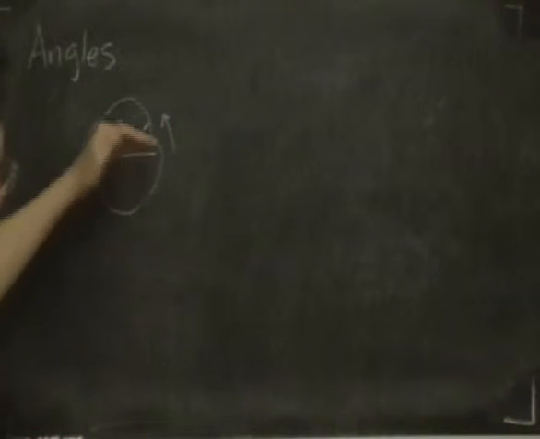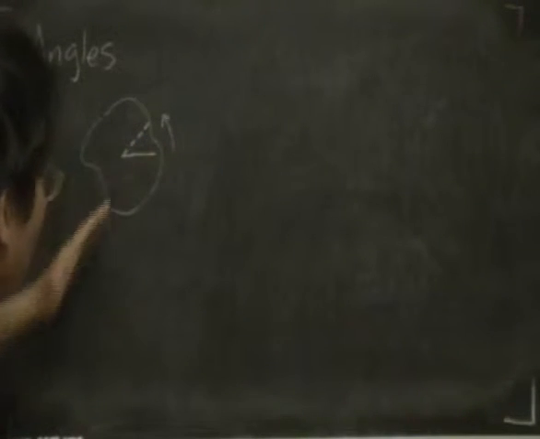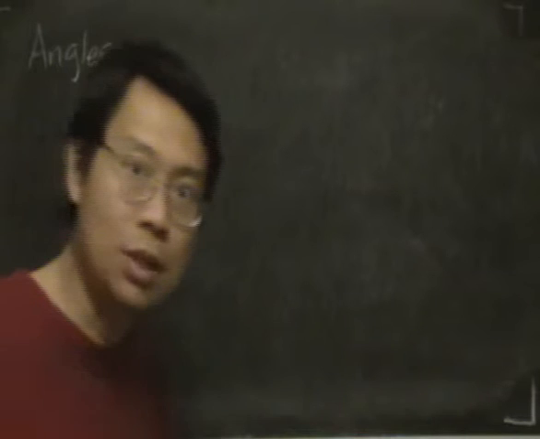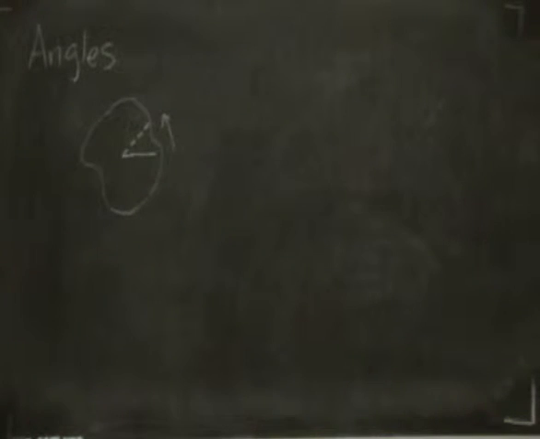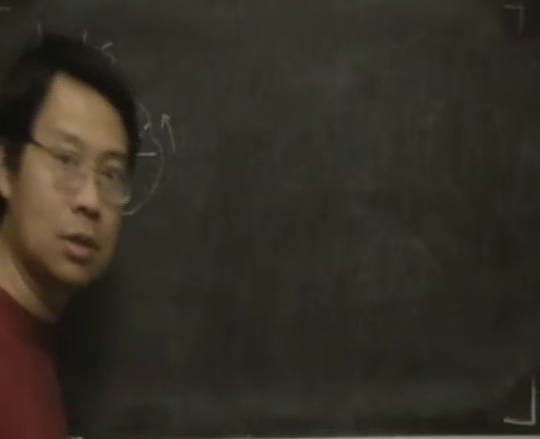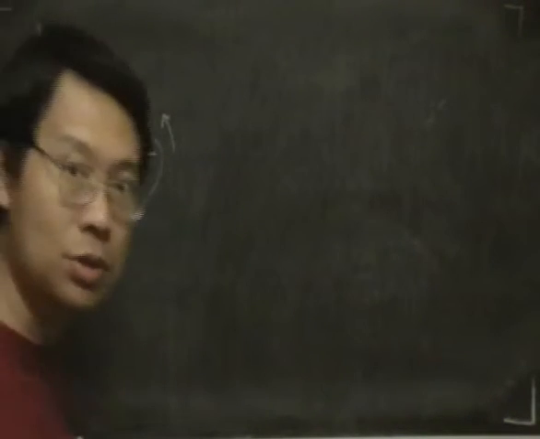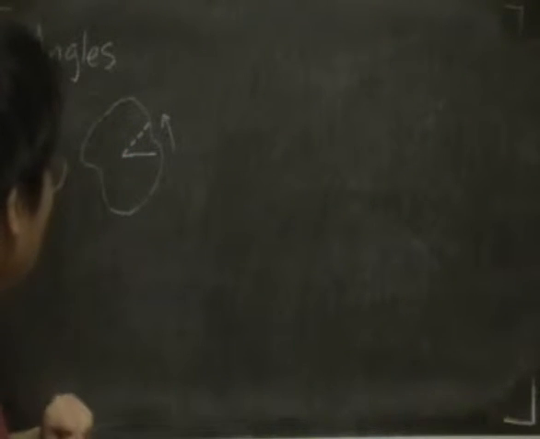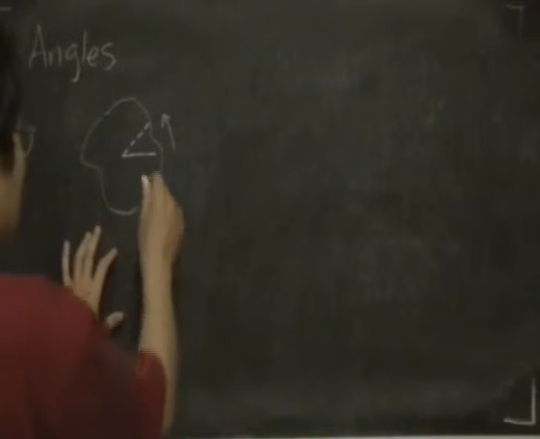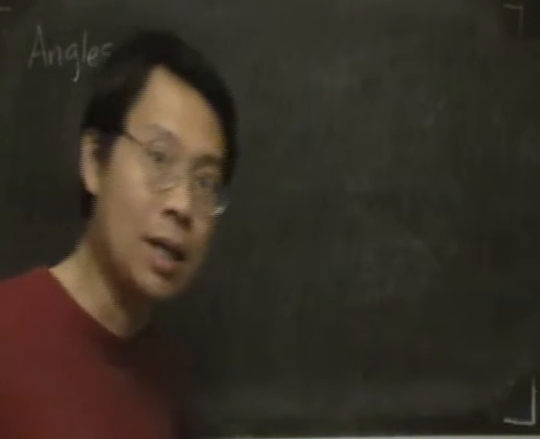Now between the original direction of the line and the new direction of the line, there is this corner here. Alright, if you draw these two lines, these two directions, they meet at the center. And this thing here is called an angle.